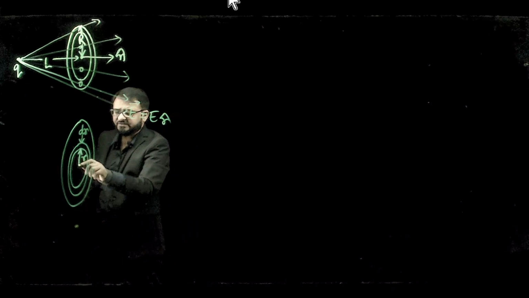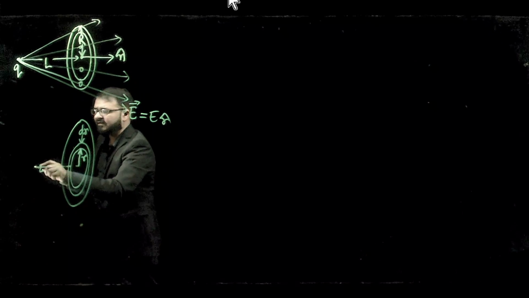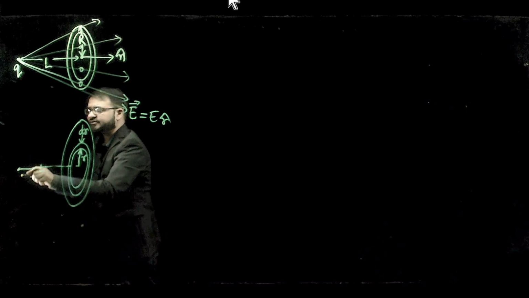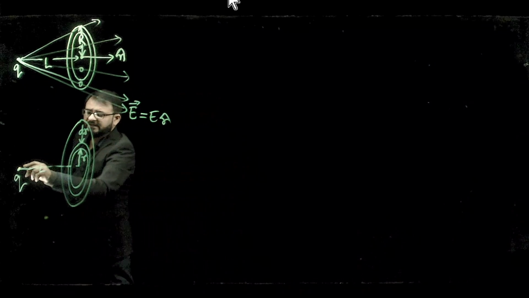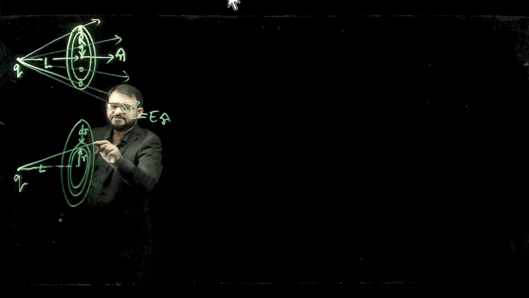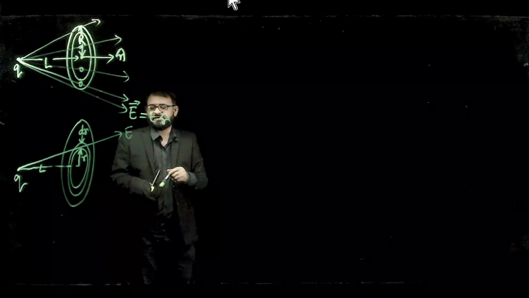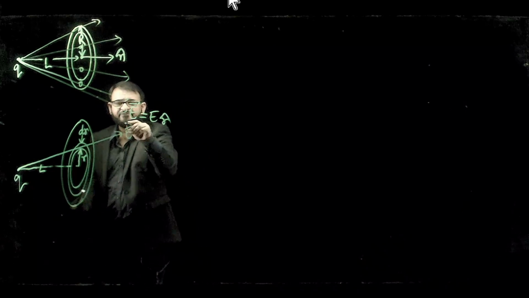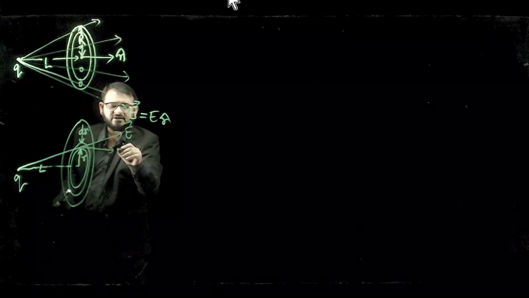Now this ring is located at a distance L from the charge. If we now draw the electric field line, it's along this direction, and the area vector of this ring is along this direction.